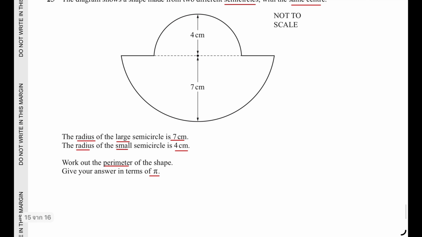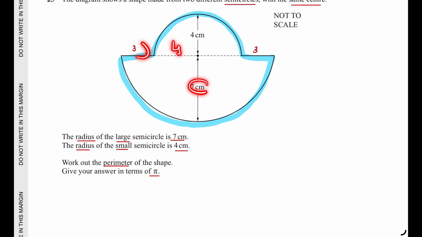So first, the perimeter will be in this region. Okay. So the length of this line will be equal to 3 and 3, because the radius of the large semicircle is 7, right? But the radius of the small semicircle is 4. So 7 minus 4 equals 3.